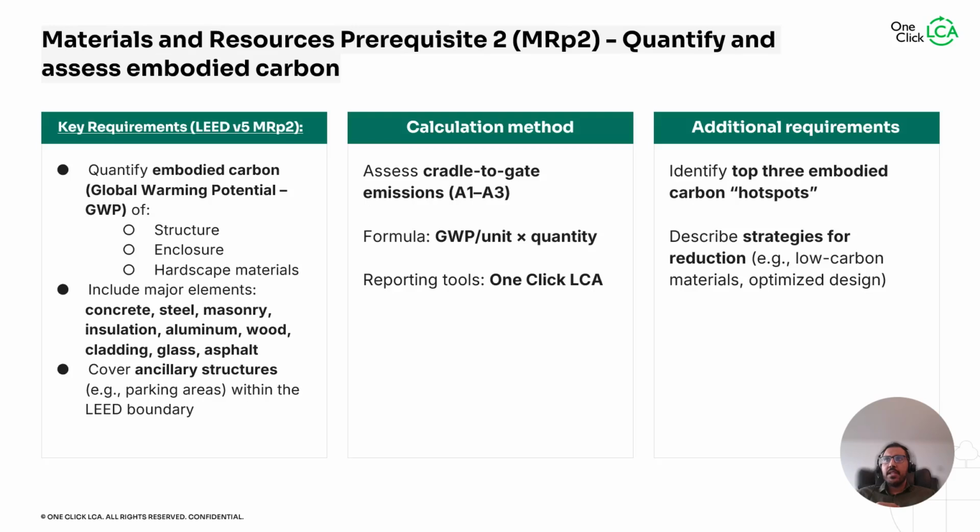Then you have a kind of additional requirement that you need to declare the top 3 embodied carbon hotspots, the materials that are responsible for most of the emissions regarding the embodied carbon of A1 to A3.